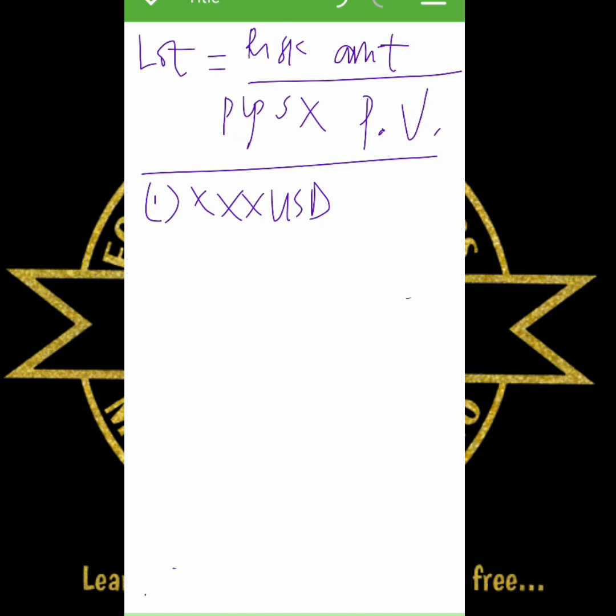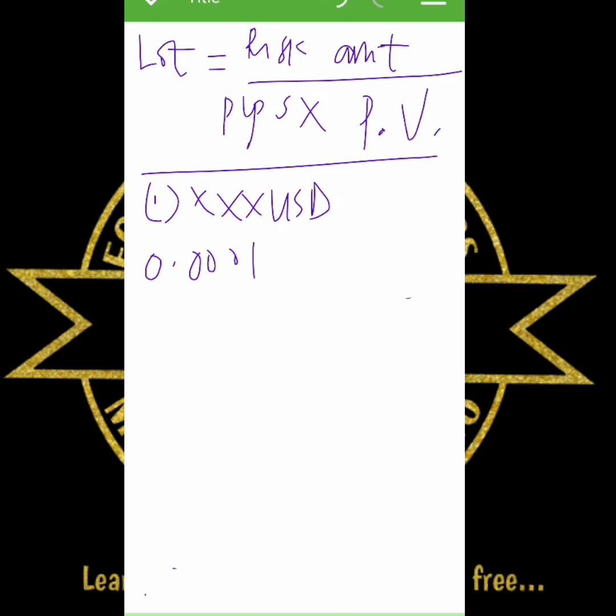Basically, for currencies that are quoted in USD, the fourth decimal digit is often the pip. So that means one pip is equivalent to 0.0001. So by saying that, we already know what the pips are.